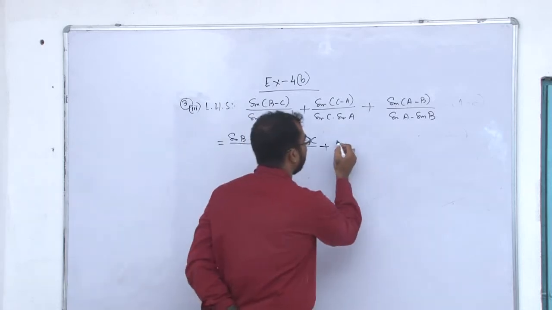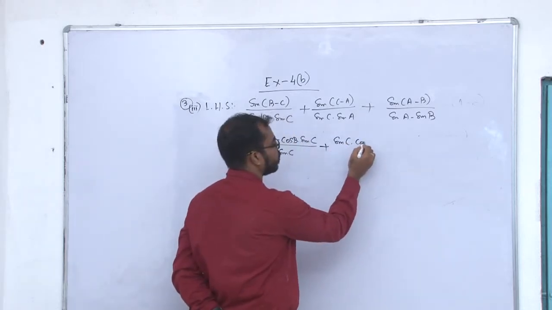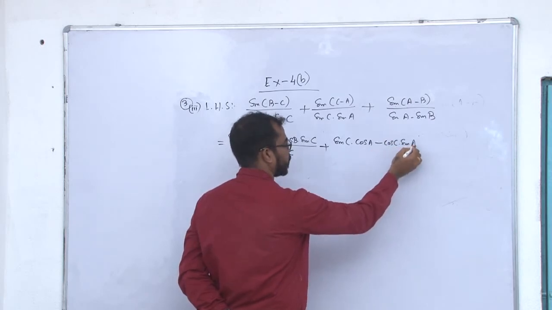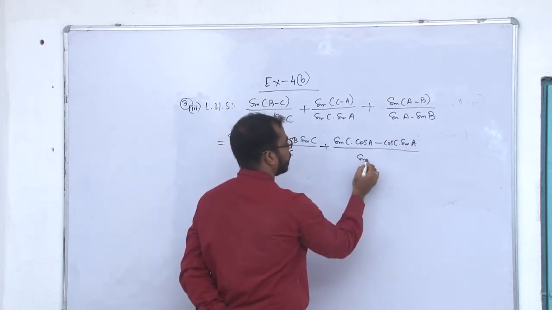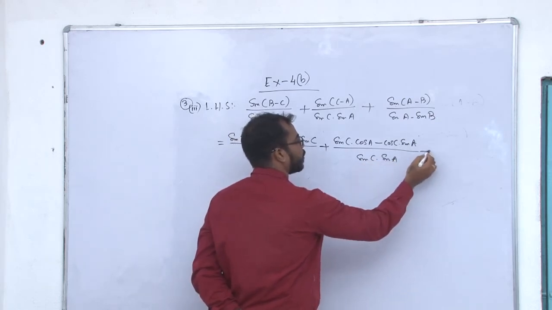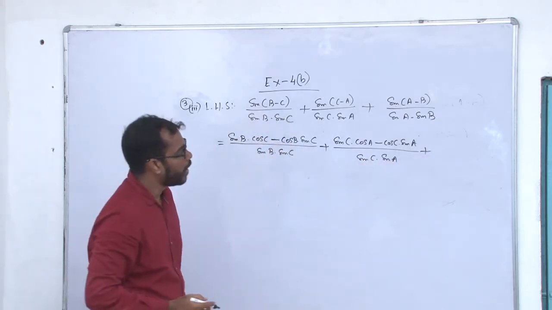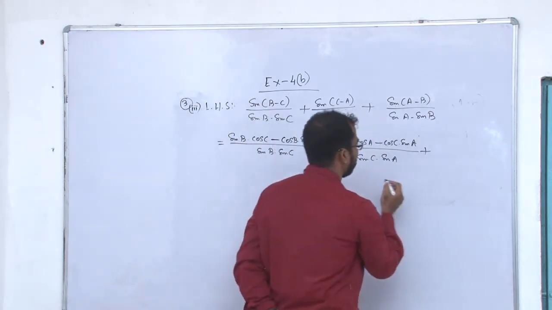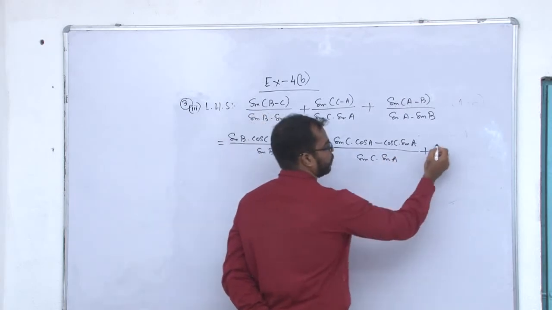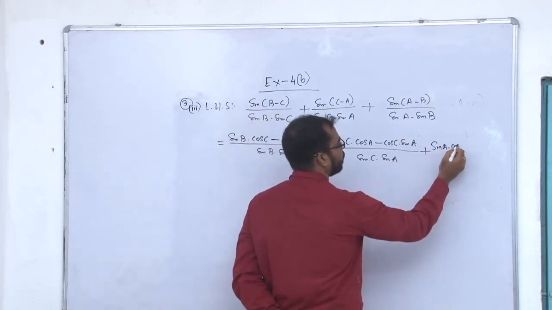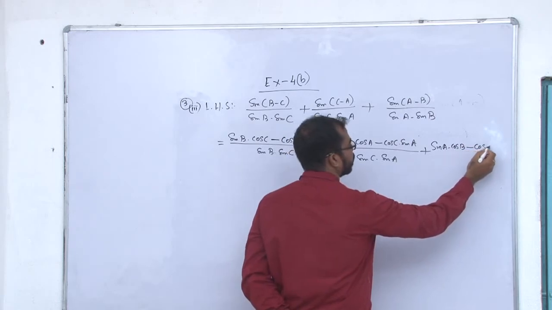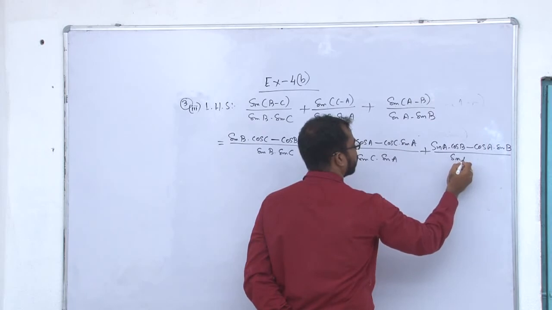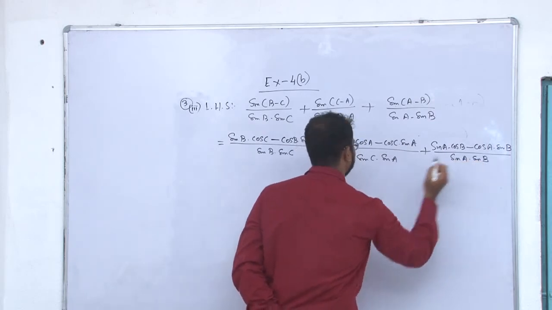You can use the formula sin C cos A minus cos C sin A by sin C sin A. And the third term, that is sin(A minus B), here you can use the formula sin A cos B minus cos A sin B by sin A sin B.